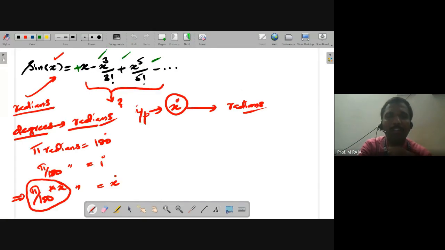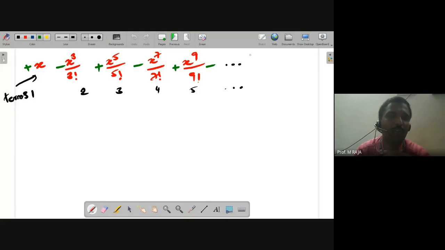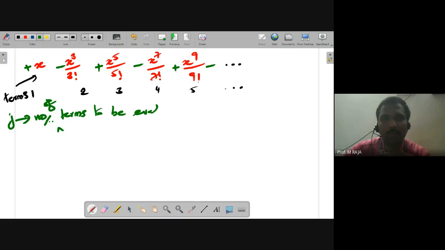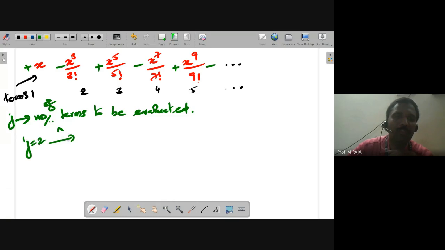In this example, we use one variable j, for example, to indicate the number of terms to be evaluated. Suppose j is equal to 2, we need to evaluate only s is equal to x minus x cube by 3 factorial.